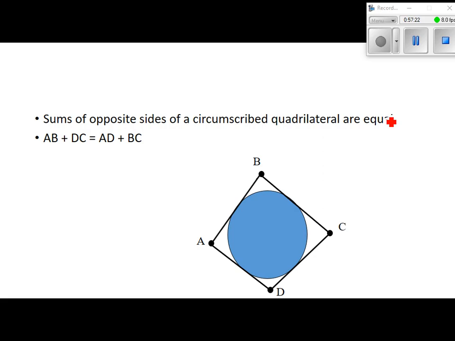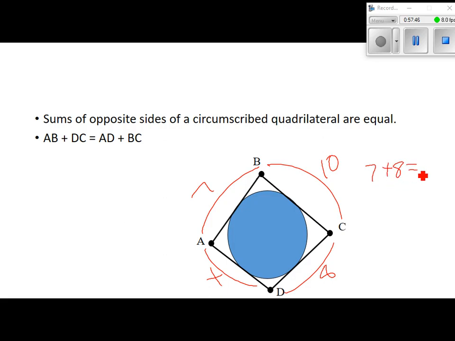So if I tell you that this segment, I don't know, let's say it's 7. This segment is 10. This segment is 8. Can we find the length of that segment? This tells us that AB, how long is AB? 7. Plus DC, how long is DC? 8.